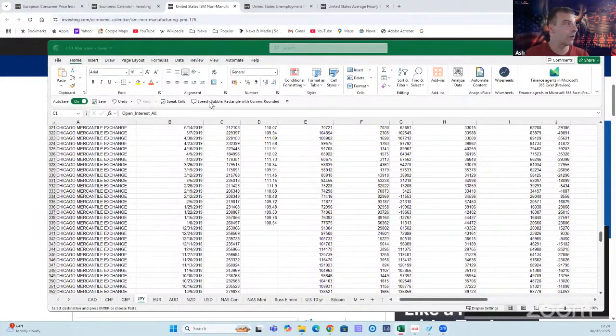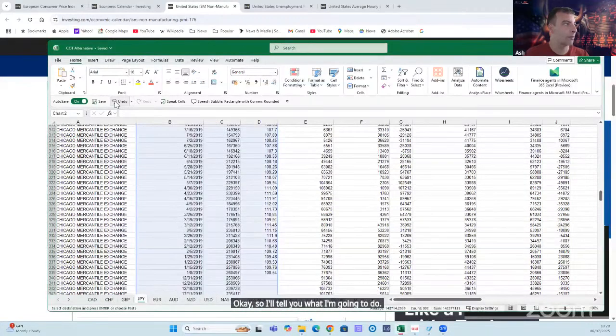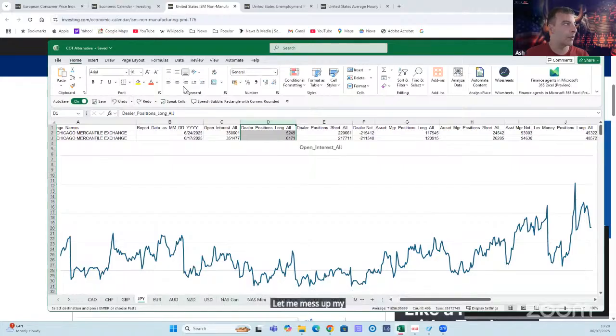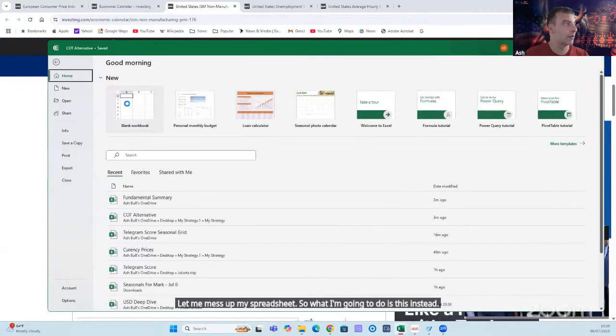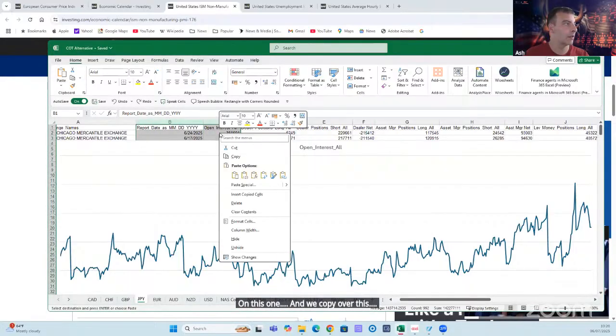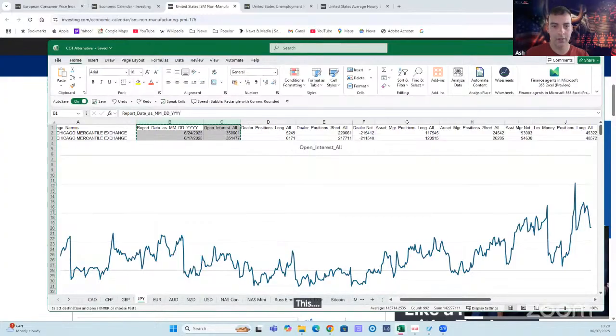Okay, so I'll tell you what I'm going to do. I don't want to mess my charts up here. Don't want to mess up my spreadsheet. So what I'm going to do is this instead. Put it on this one, and we will copy over this and this. And I'll put this up here.